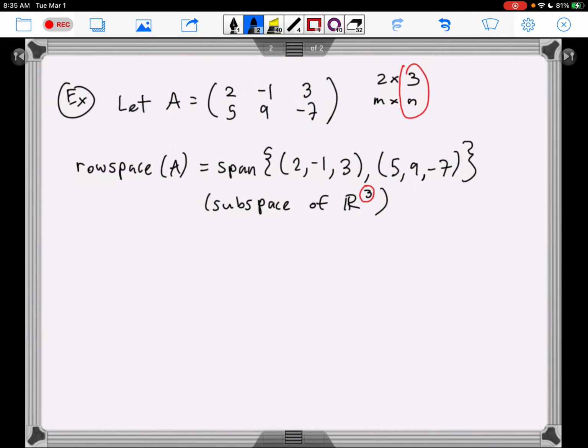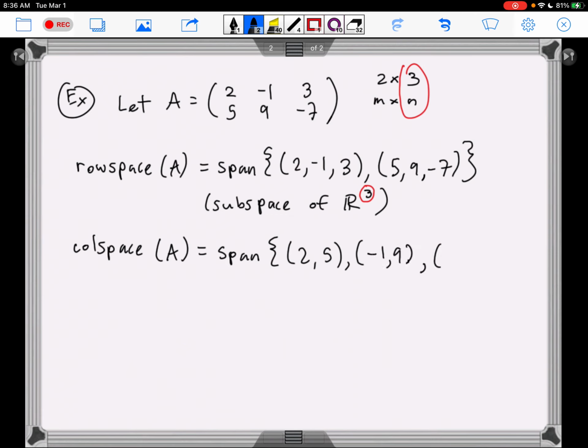Now, what would the column space be? The column space is going to be the span of the column vectors that you see. So (2, 5), (-1, 9), and (3, -7). And you can see right here that this is a subspace of R2, right?